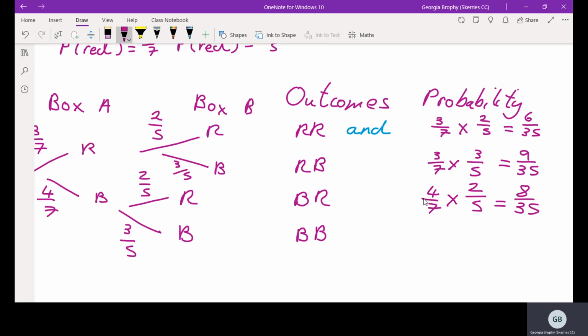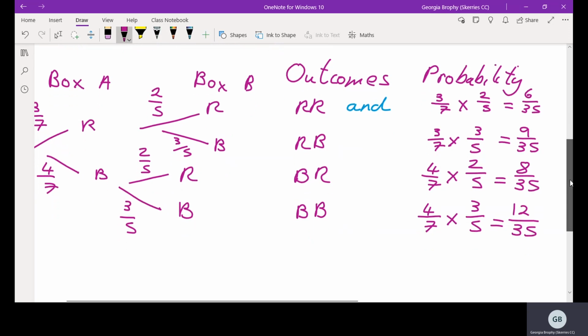Our final outcome was blue followed by blue. The probability of choosing blue from your first box was 4/7. And in probability we multiply blue from your second box, 3/5, equals 12/35.